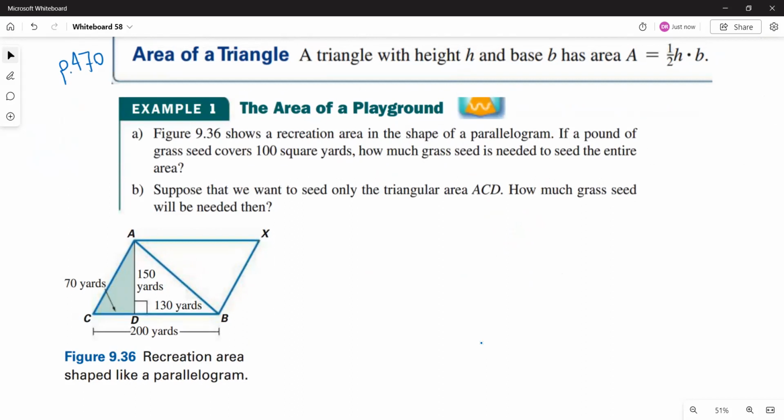Okay, so we're going to find the area of a parallelogram. So in part A, if we look at the parallelogram, the base is 200 and the height is 70. Well, sorry, the height is 150.